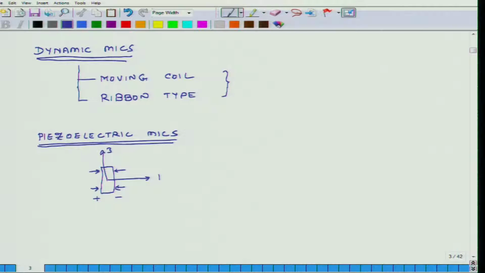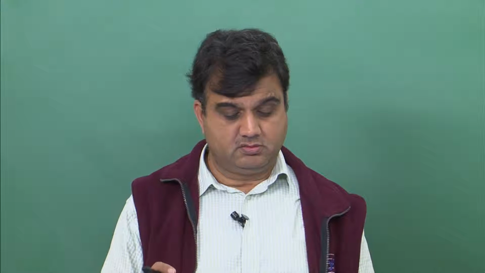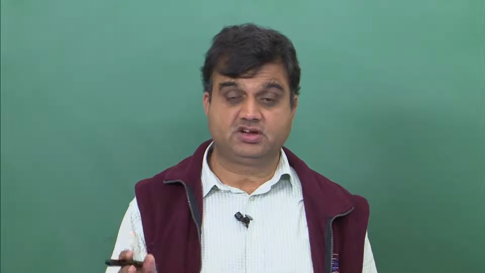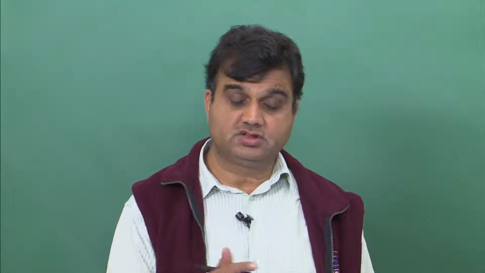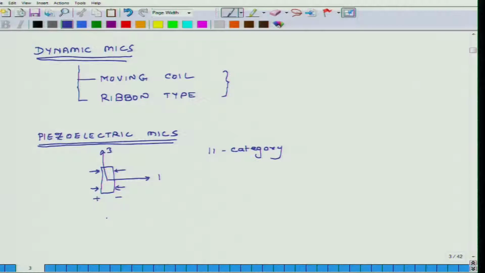Okay. These types of materials are known as 1-1 category, where the potential difference which is being generated is in the same direction along which the pressure is being applied. Then you have another category of materials.